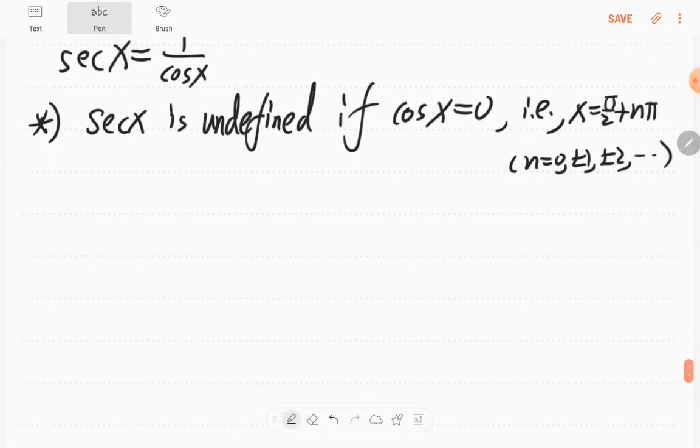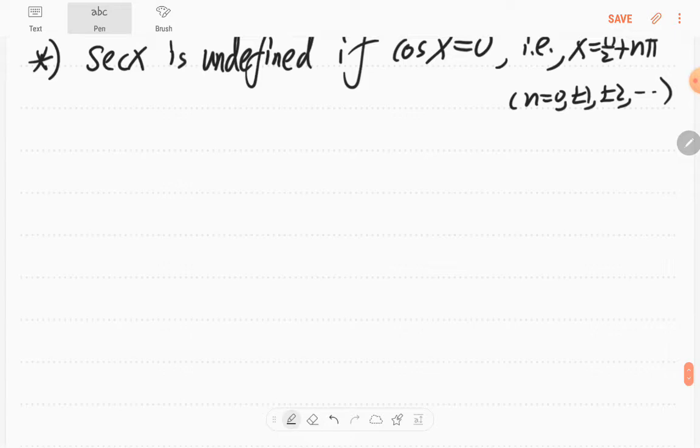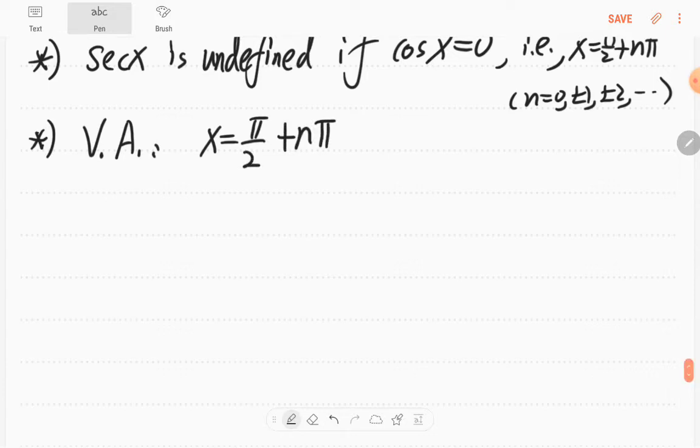Right? So like we drew the graph before, you have the vertical asymptote x equals pi over 2 plus n pi, right? The pi over 2 is here, the terminal side is here.